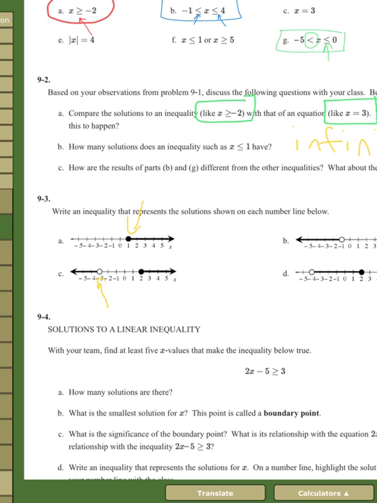So our inequality for 9.3a, it shows that all the numbers equal to 1 or bigger than 1 work. So my inequality would just be that x has to be either bigger or equal to 1. 1 is a solution because the dot is filled in, and anything bigger than that is also correct.